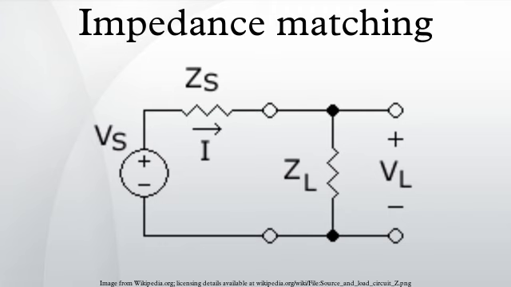Power transfer. Whenever a source of power with a fixed output impedance such as an electric signal source, a radio transmitter or a mechanical sound source operates into a load, the maximum possible power is delivered to the load when the impedance of the load is equal to the complex conjugate of the impedance of the source.